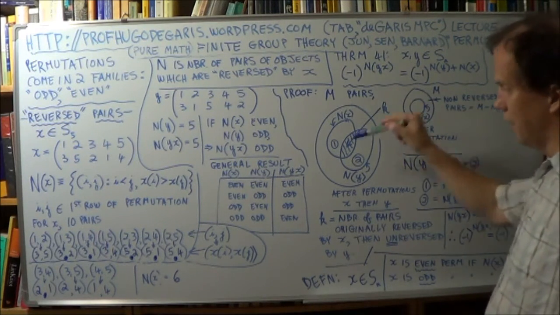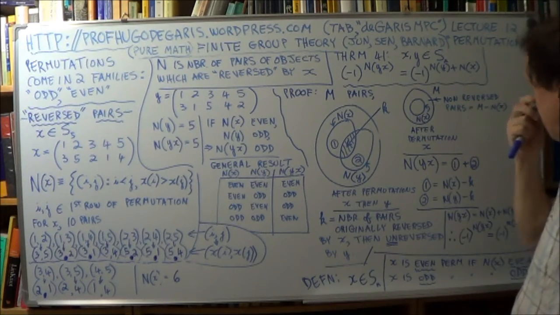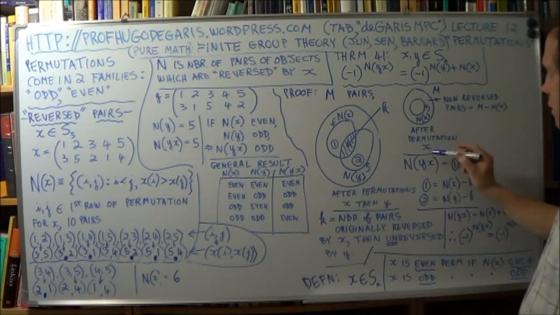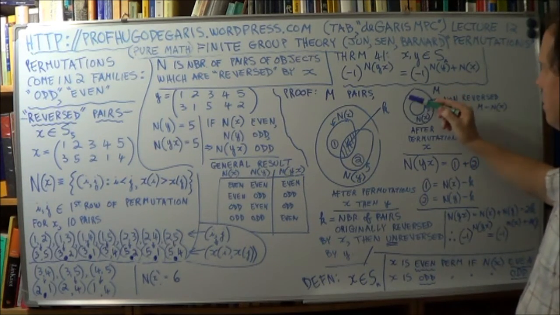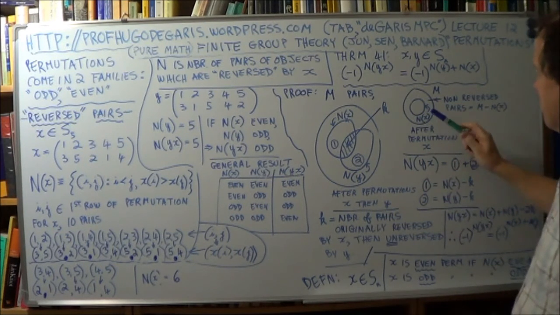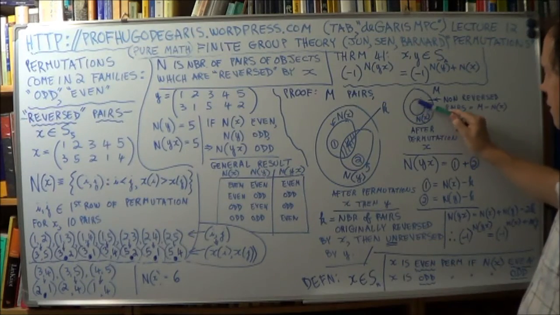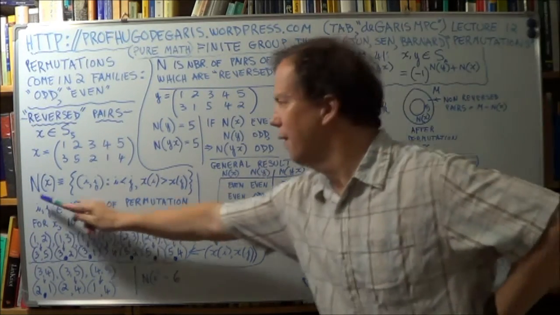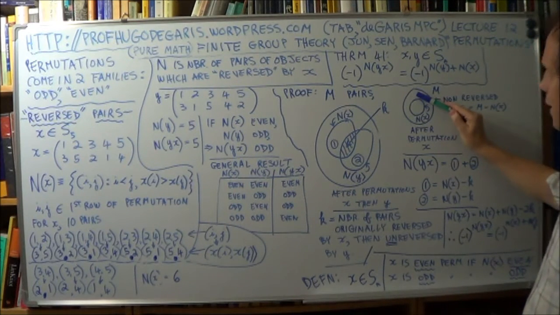I'm using a Venn diagram. So this is the situation after you apply your first permutation, X. Your set of pairs splits into two categories: those inside subset N, that are reversed, and the ones outside, which are the non-reversed.